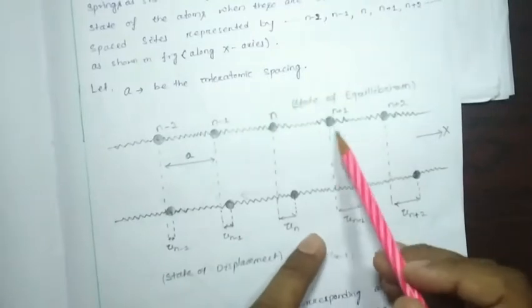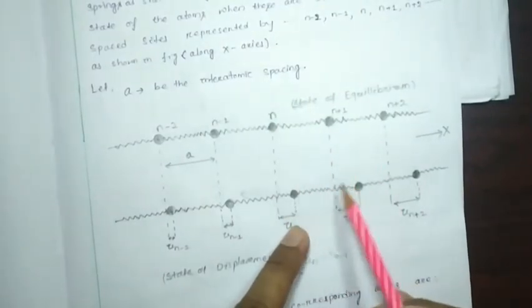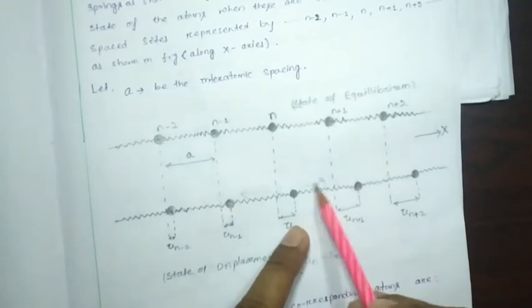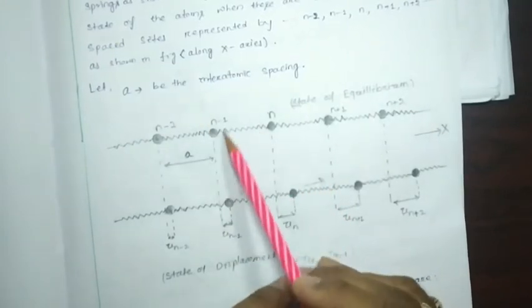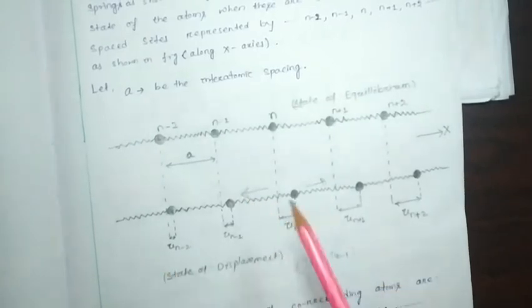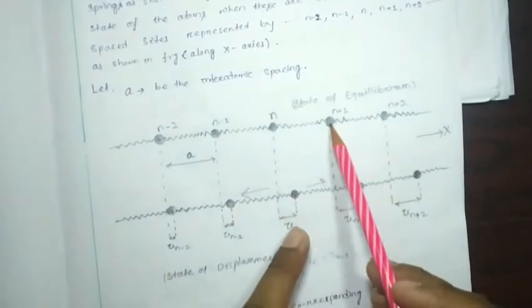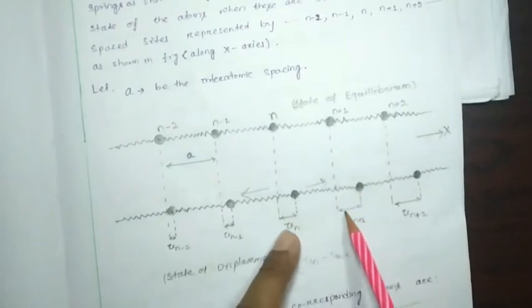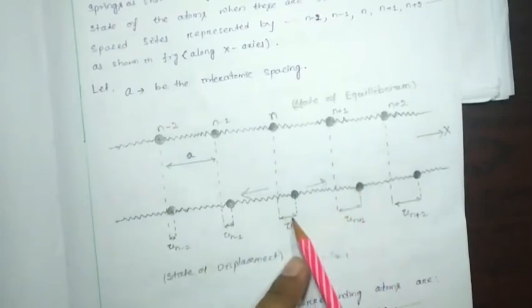So one force, this atom exerts a force on this towards this side, and this atom exerts a force on this towards this side. Here the net displacement between this and this is larger. You can see this minus this is larger than this minus this.